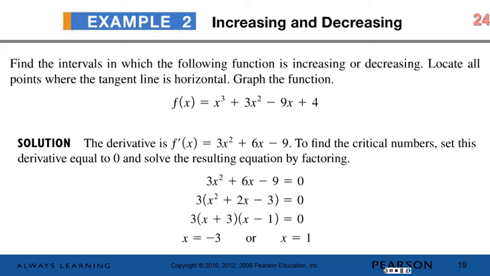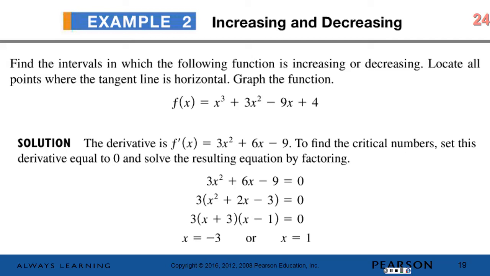until you realize that you've got to take the derivative. You're not really interested in where the function is equal to 0. You're interested in where the derivative is equal to 0. And the derivative of x to the third plus 3x squared minus 9x plus 4 is, drop the 3 down in front, reduce the exponent by 1, so that's 3x squared.